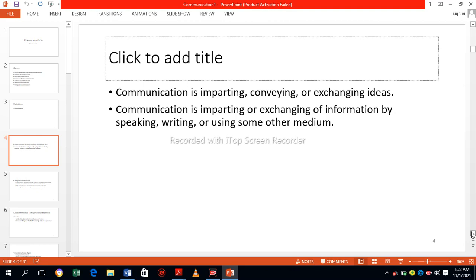You can write it down, you can speak it out, you can use any other medium. Even writing it down is a part of communication, like the way these notes were written down, these notes are communicating to us about what communication is.